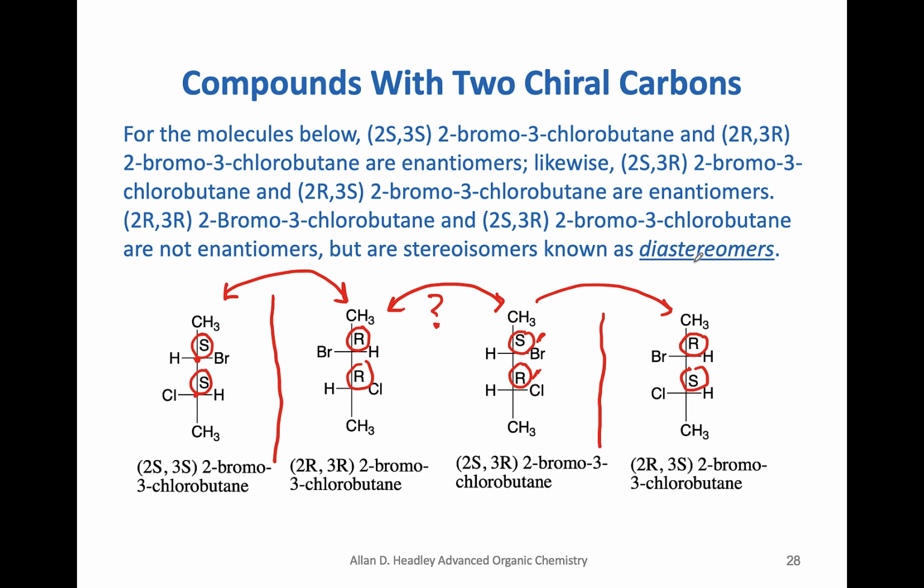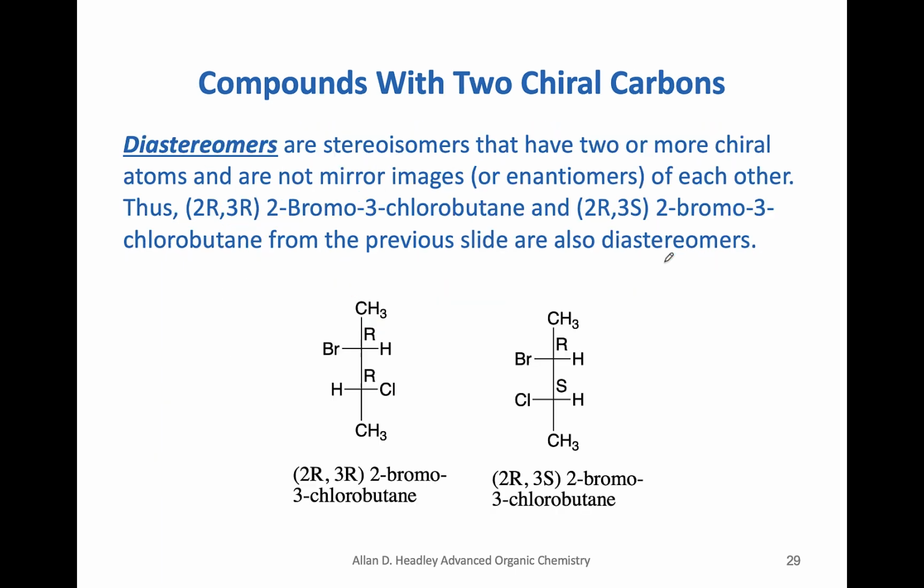The term that's used here is diastereomers. So diastereomers here are non-superimposable stereoisomers that are not mirror images, not enantiomers, but they are still stereoisomers, and they are called diastereomers.